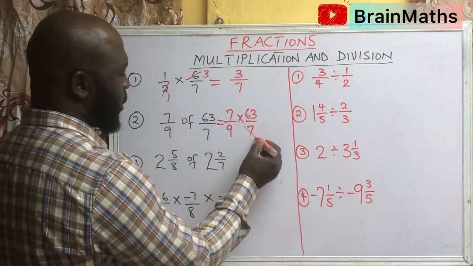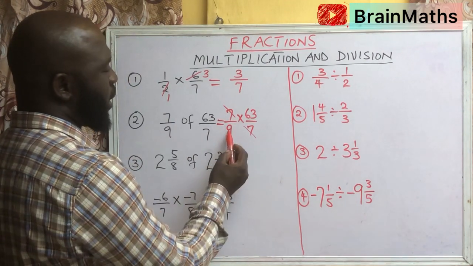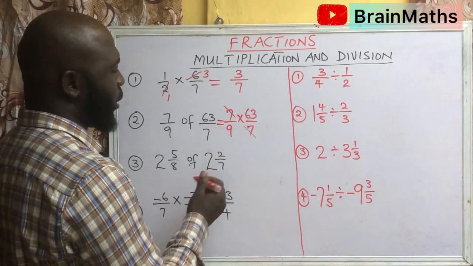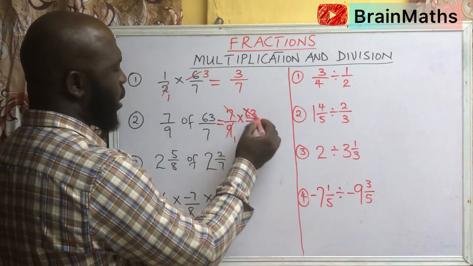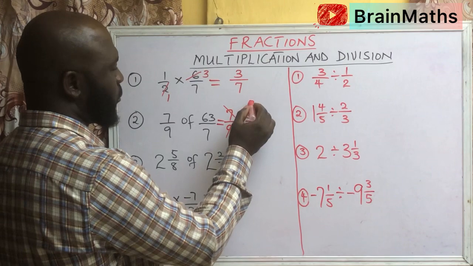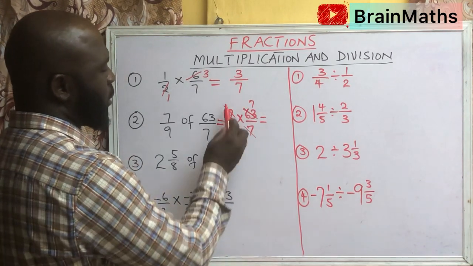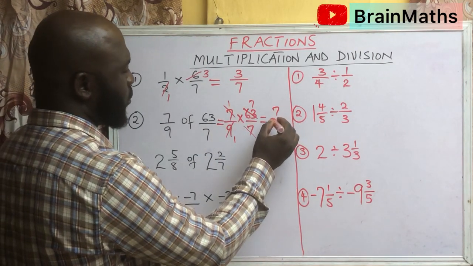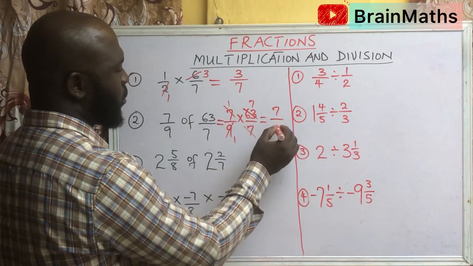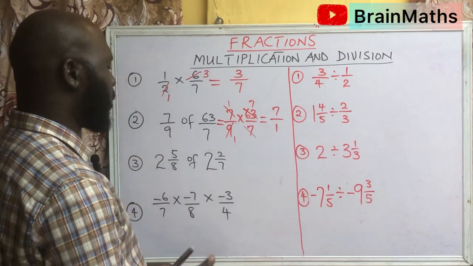So clearly 7 cancels 7. How many 9 can we get in 63? That is 9 here 1 and 9 here 7. So we have 7 times 1, 7, and 1 times 1, 1, which is 7 over 1.